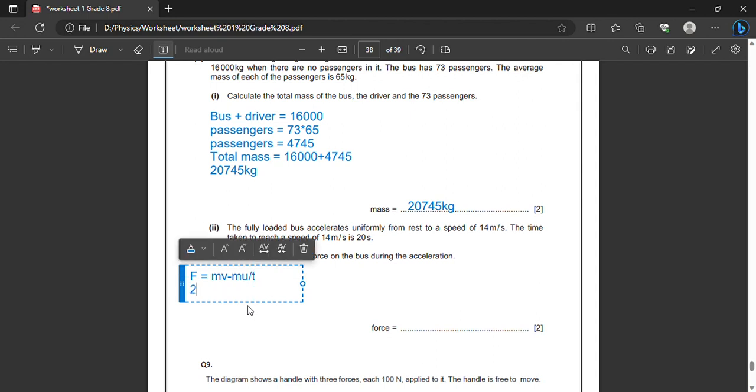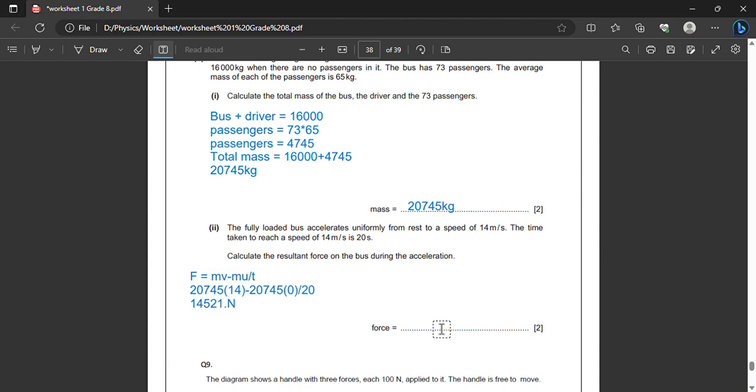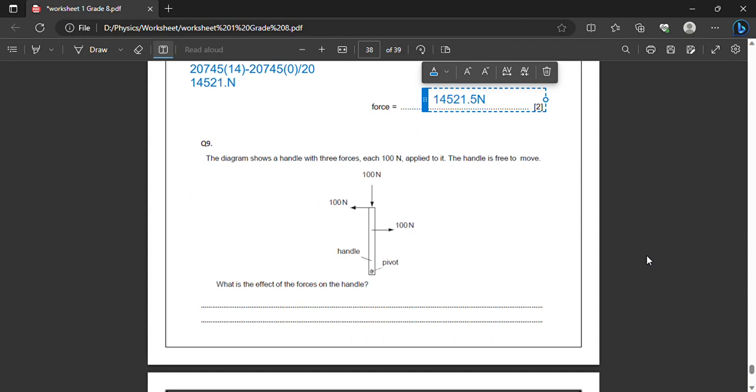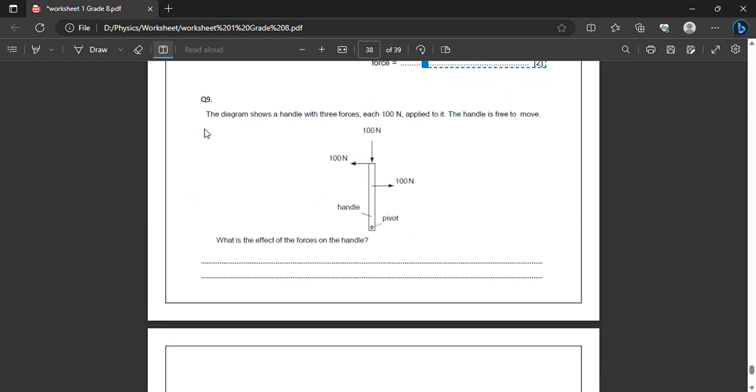I forgot the t. Then you will get 20745 times 14 minus 20745 times 0 all over t, that will be 20. When you key this into the calculator, you'll get 14521.5 newtons. So this is the final answer of the force. So F is 14521.5 newtons.